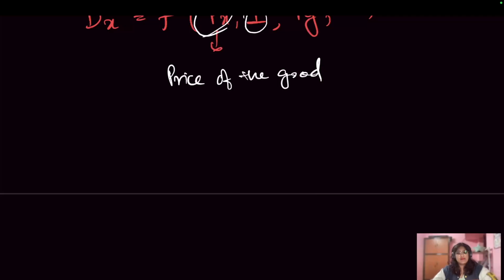So depending on climate, demand will change. Then distribution of income. If wealth is concentrated among a few, then demand for luxury goods will rise. And if it is distributed more evenly, then demand for mass market or fast products will increase. So these are the different determinants, or factors, of demand.